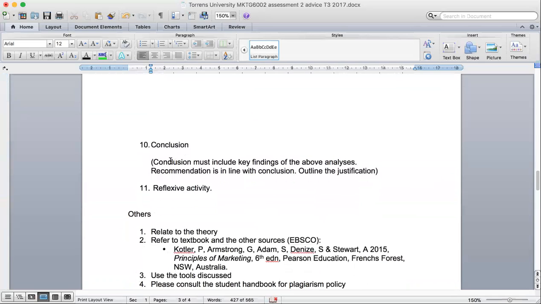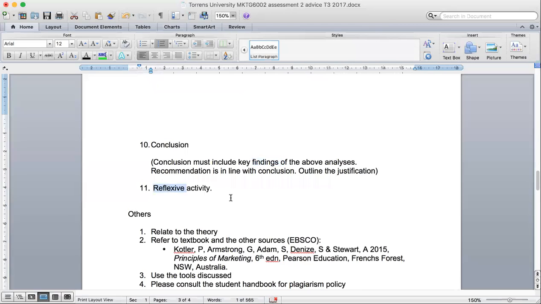And conclusion, okay? Now, conclusion in here is basically include the key findings, just the key areas up there. Please make sure they are related to your analysis, who the target market is, and what the strategy that they adopt, okay, with what positioning, okay? So they are the main ones that you want to include.